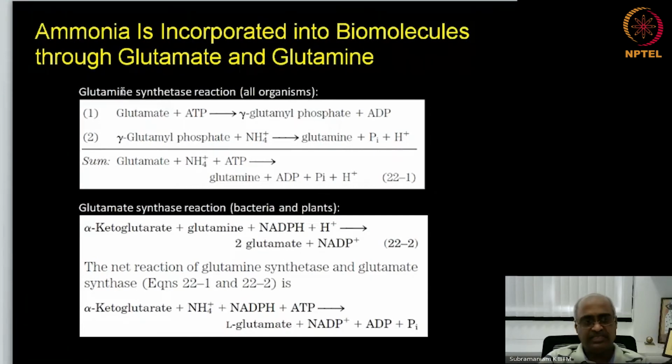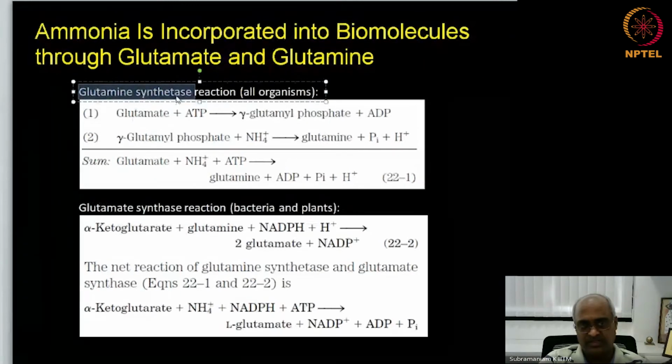So therefore, this enzyme is an important enzyme. The main thing you need to remember is it is present in animals as well. Because ammonia production is not only through nitrogen fixation. Through other catabolic reactions in our body, the nitrogens from many molecules are converted into ammonia.